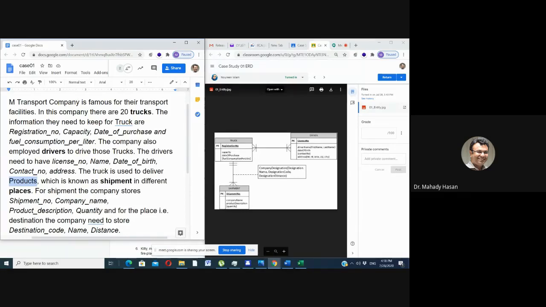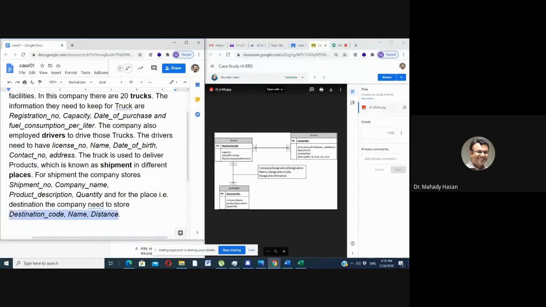That means truck is doing shipment and shipment is going to different places, and places should have destination code, name, and distance. So these are the three attributes. So what you have done here, you have company designation. Sir, while writing destination I mistakenly wrote designation. Okay, so it is company destination. So destination name, destination code.